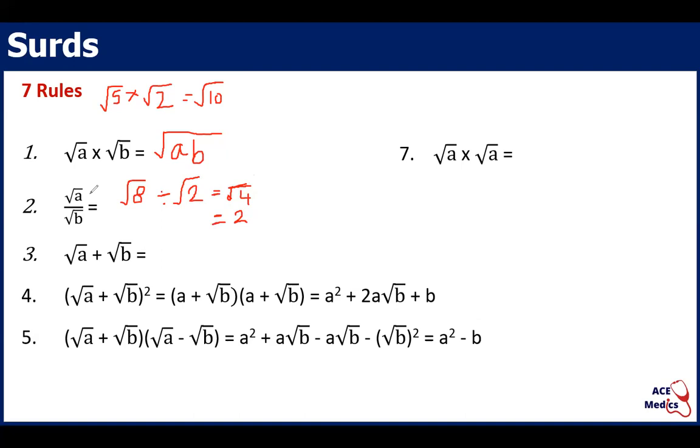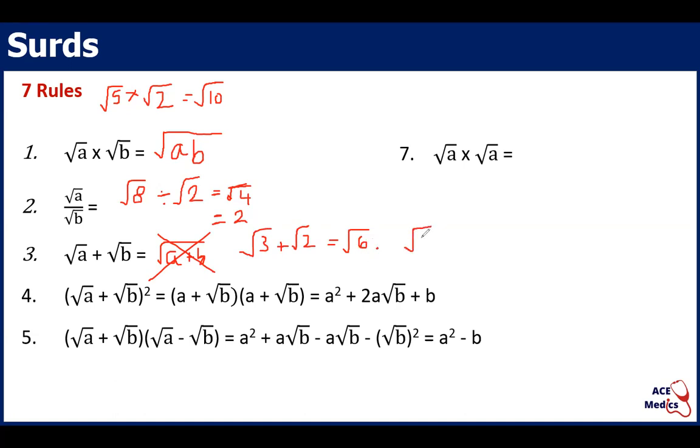Now, third one then. Like in algebra, we cannot add together different like terms. So root A plus root B is not root A plus B. It doesn't exist, okay? It's literally just left as root A plus root B. It would be like if we had root 3 plus root 2. That does not become root 6. I'll show you another example to prove that.